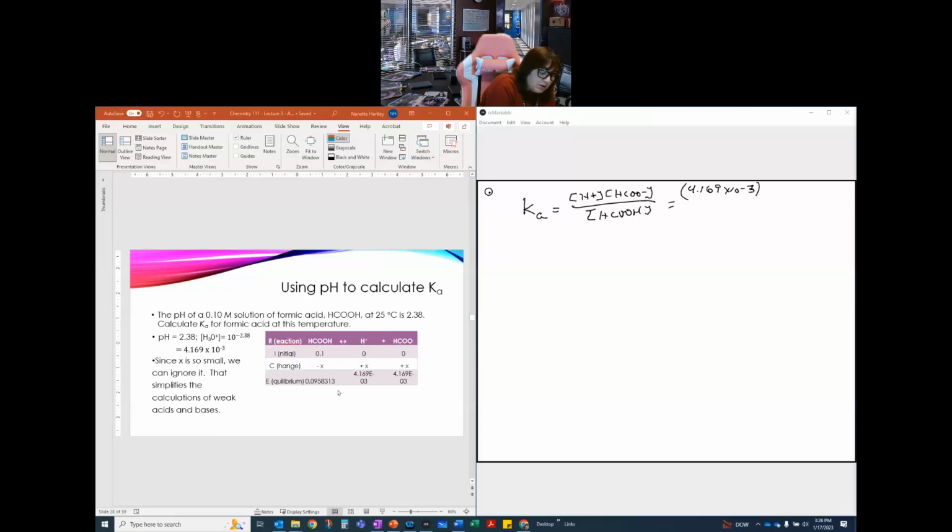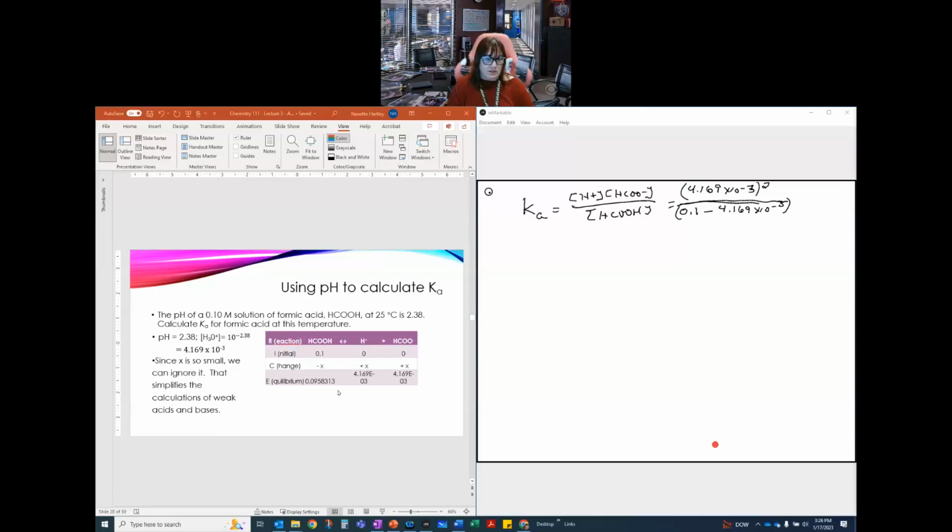And of course, since both of those are that value, it's going to be squared. And we're going to divide that by 0.1 minus 4.169 times 10 to the minus third, which is the value that you see in the table there. Okay, so I can get a value for this, and that's actually not that hard to do.